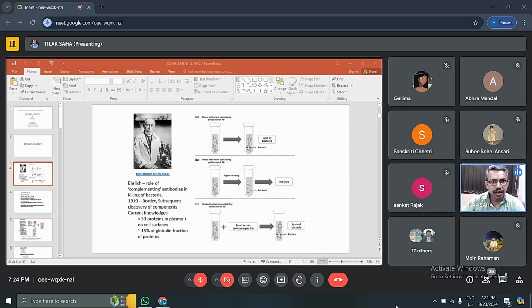Students, are you capable of seeing the cursor? No, sir. Okay, let me just use that one.